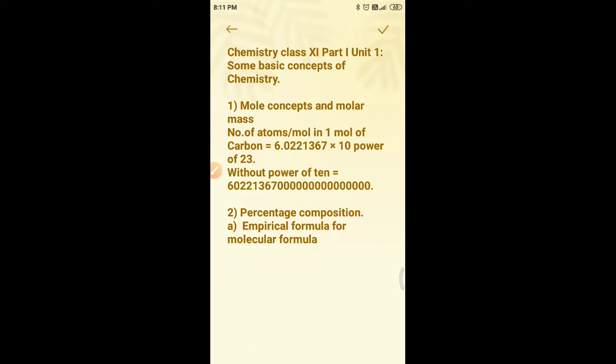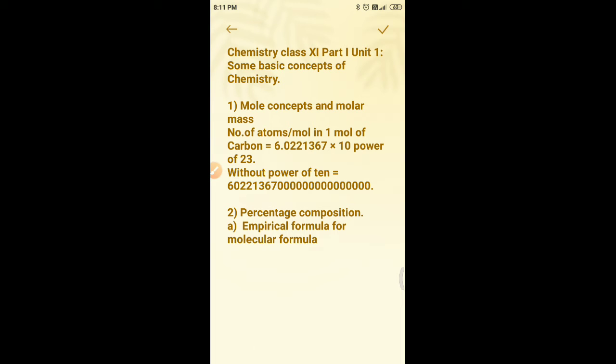But the molecular formula shows the exact number of the different types of atoms present in a molecule of a compound.